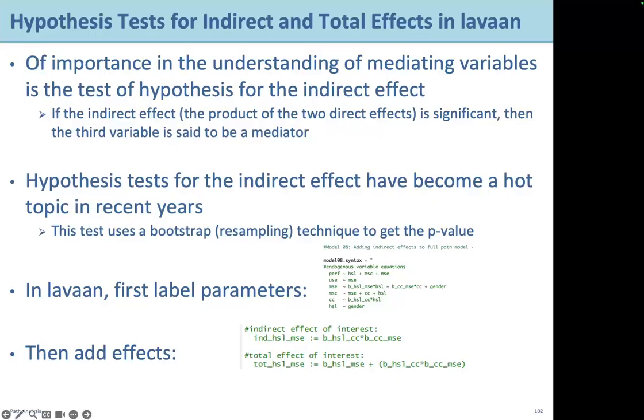What this test in lavaan is going to do is use a bootstrap resampling technique. Bootstrap is not like maximum likelihood in that you find one set of estimates.